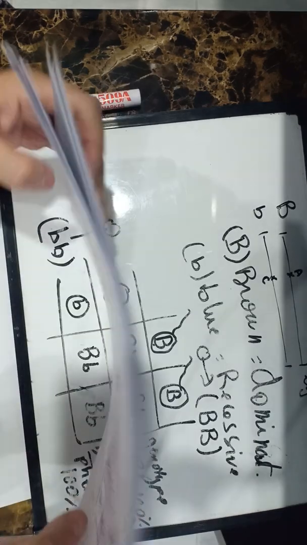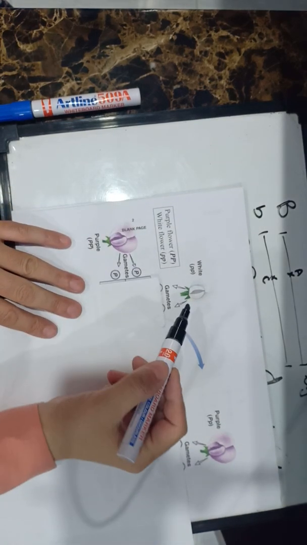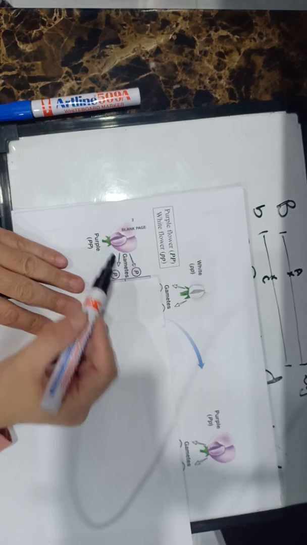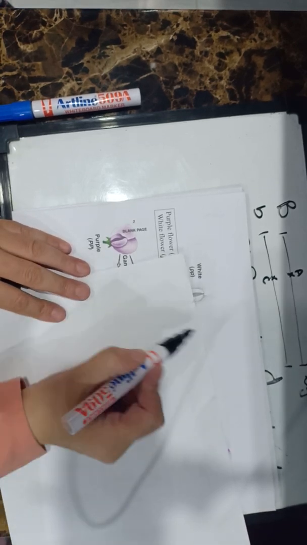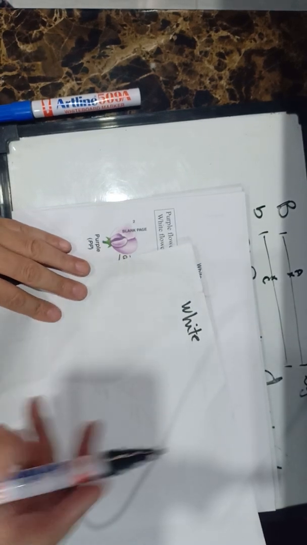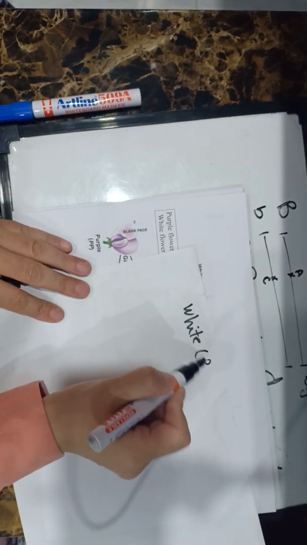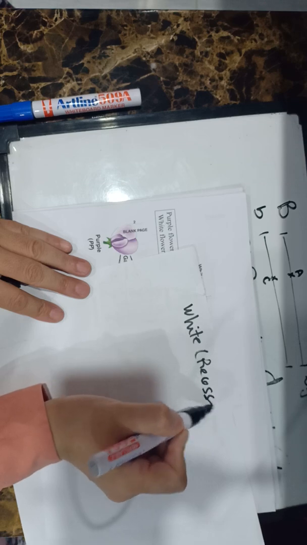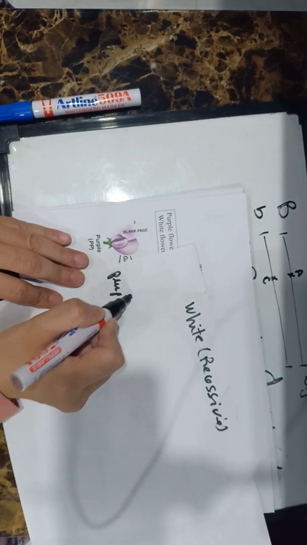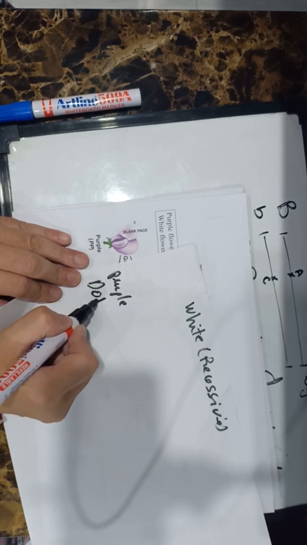And you have the example here of the flower. Again here, you are going to cross white flower with pink flower or purple. So white flower is recessive, purple is dominant.